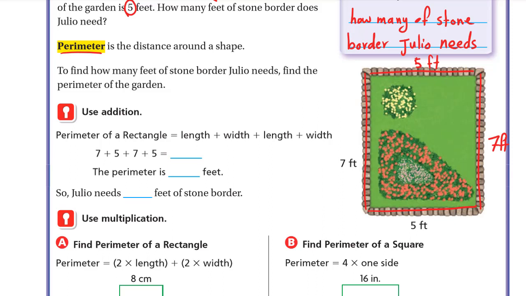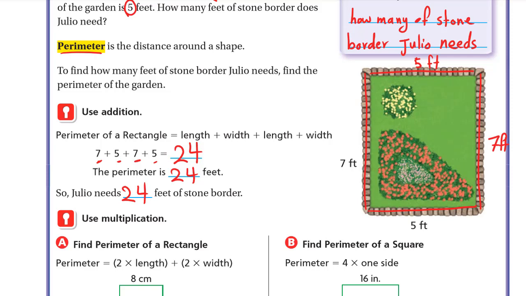So it's 7 plus 7 plus 5 plus 5. So here 7 plus 7 is 14. 5 plus 5 is 10. 14 plus 10 is 24 feet. So Julio needs 24 feet of stone border.